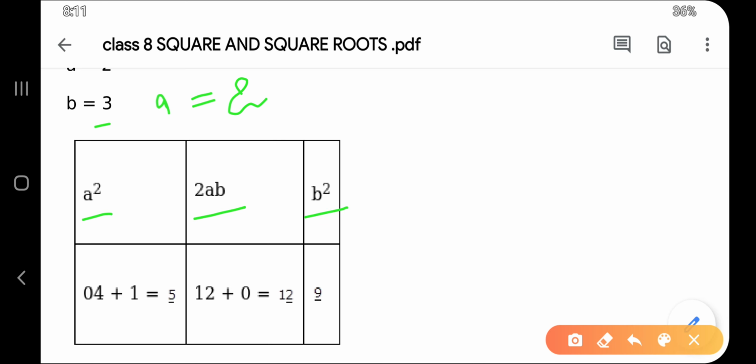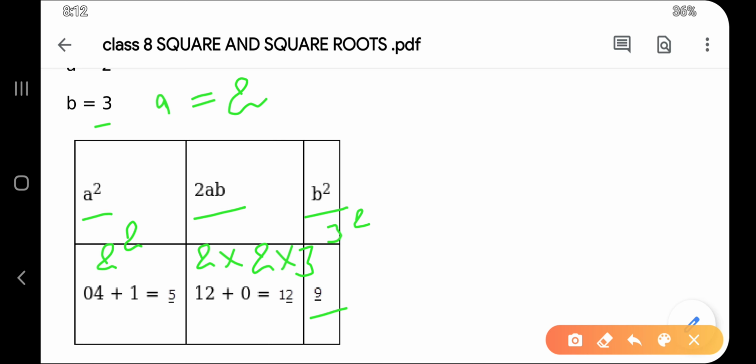B is 3, so 3 square, which is 9. 2ab means 2 multiplied by a, which is 2, and then b, which is 3, and a square means 2 square. So 3 square gives 9. It doesn't have any other digit, so we don't need to add anything in the next column.